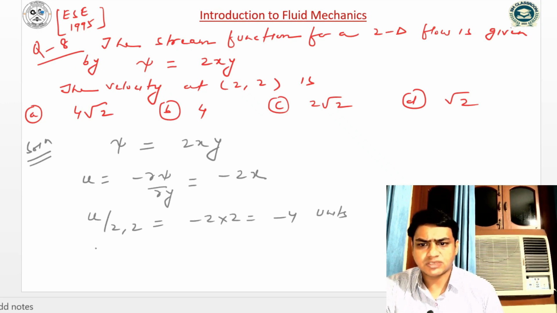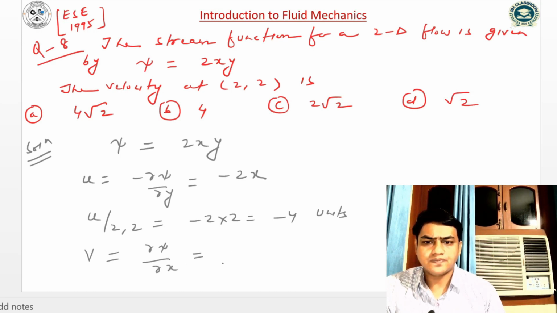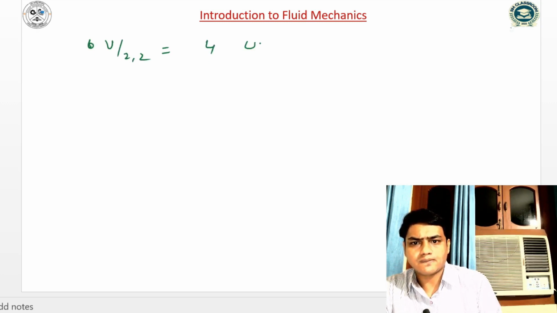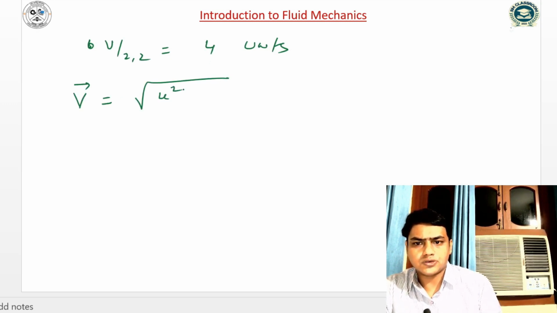Similarly, v can be written as del psi by del x, so it will be 2y. So the v component, the y component, at point (2, 2) will be 4 units. The overall velocity can be computed as the square root of u squared plus v squared.